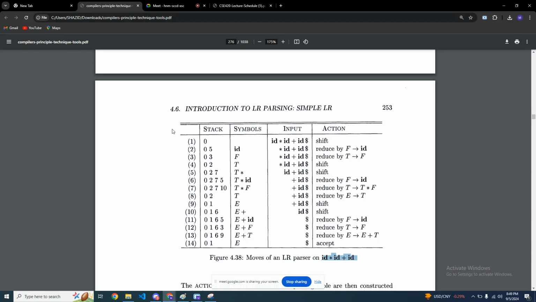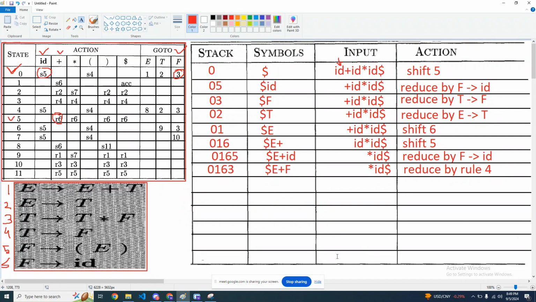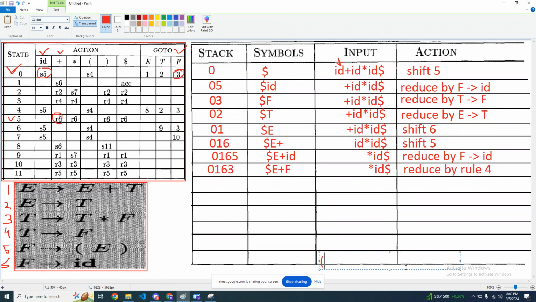This is another example. It's in your book as well, in page 253, right? So you should practice this, or you can try with this string. Suppose you are given this string, right? Bracket id into id plus id, bracket close, multiplication, bracket open, id plus id, bracket close, right?